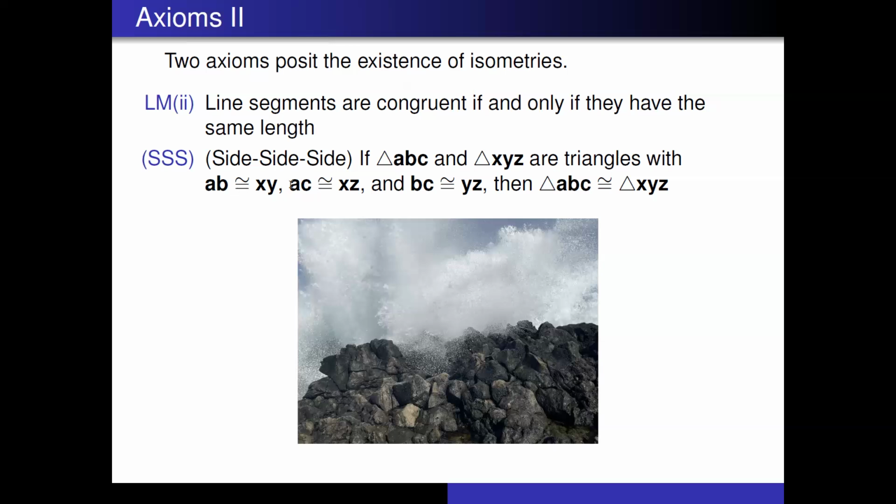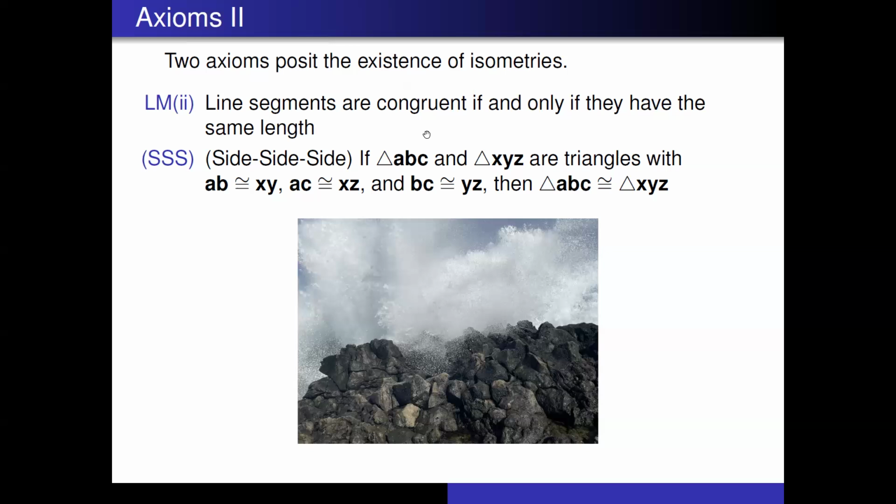Okay, then offhand there could be 3 isometries taking side 1 to side 1, side 2 to side 2, side 3 to side 3. And in fact, the axiom is that there's one isometry which does all 3 at once. So these are 2 strong axioms, and they're going to come into play quite a lot.